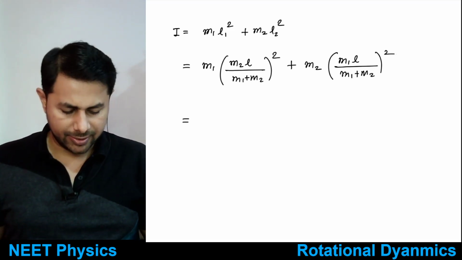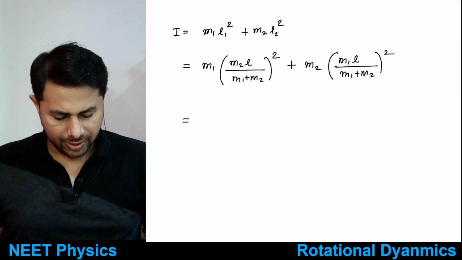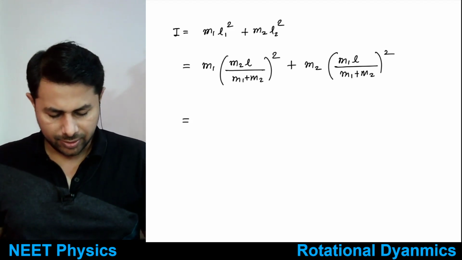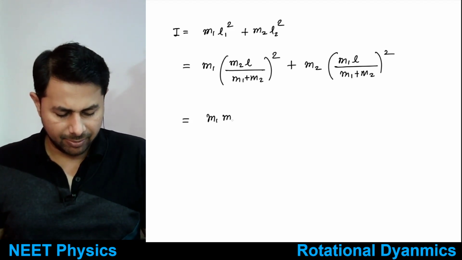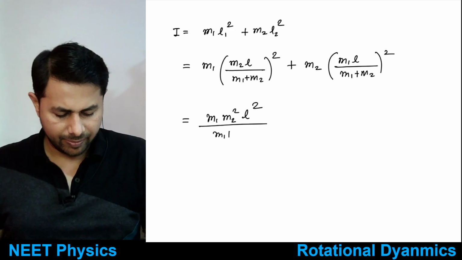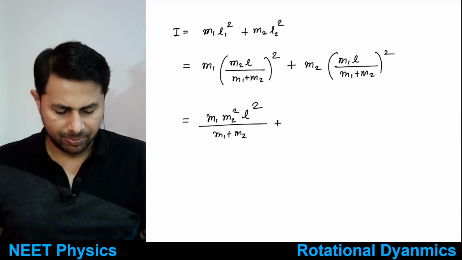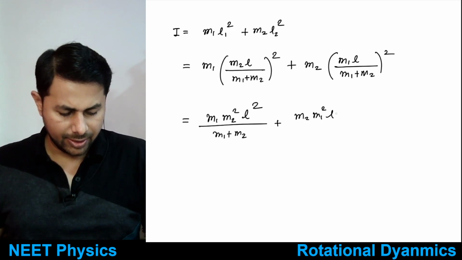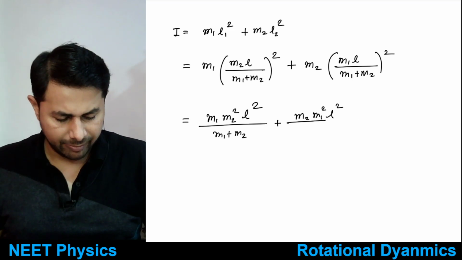Then we can take the squares. So this thing is m1 multiplied by m2 square L square divided by (m1 plus m2) square, plus again m2 multiplied by m1 square L square divided by (m1 plus m2) square.